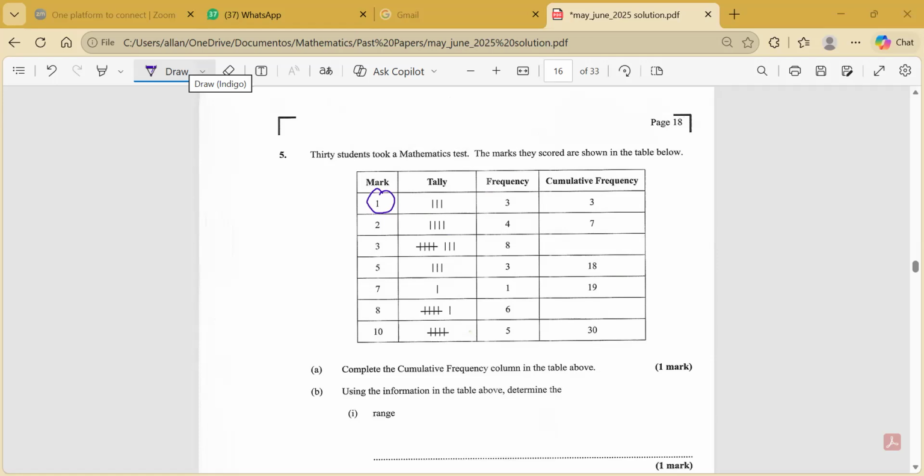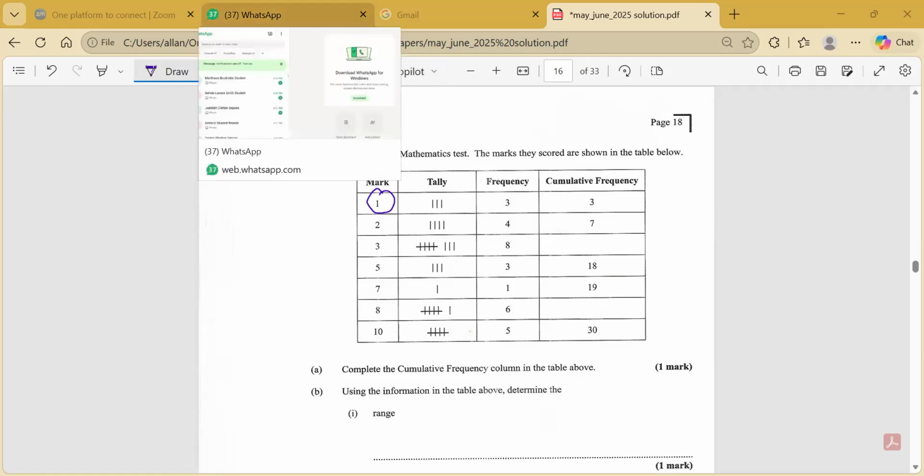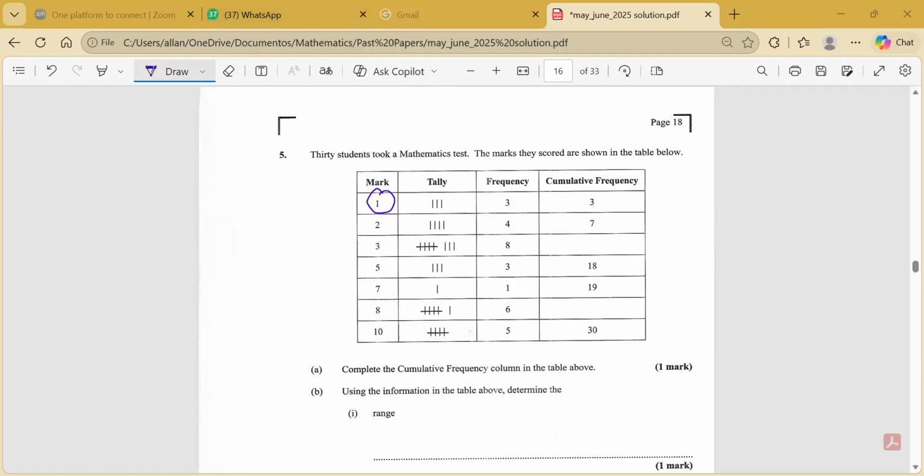Antonio? 3, sir. 3 ones. That's correct. Jedidia, how many 2s do we have? 4, sir.